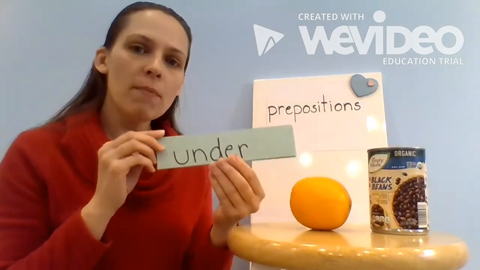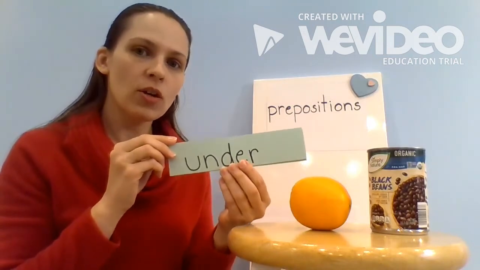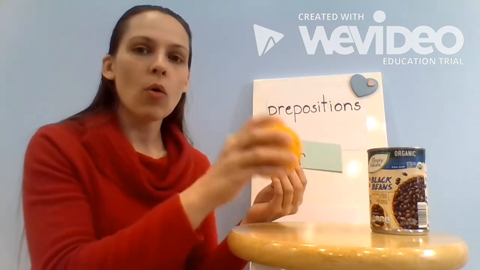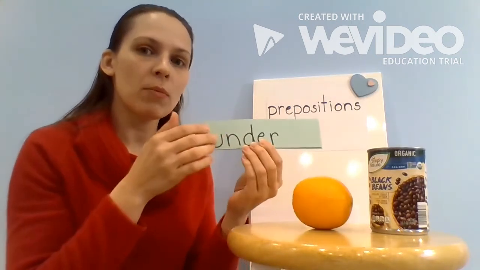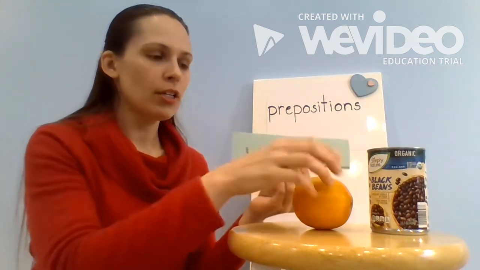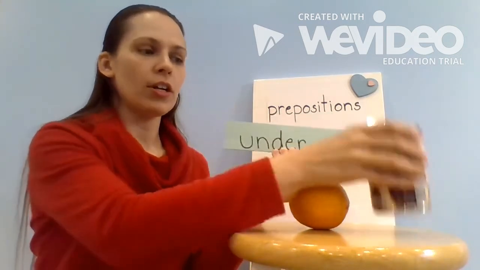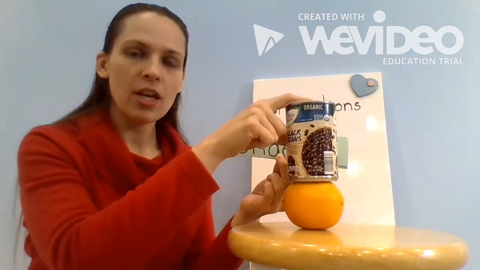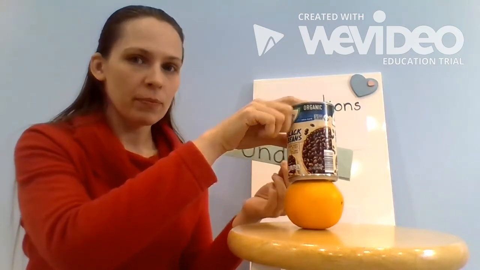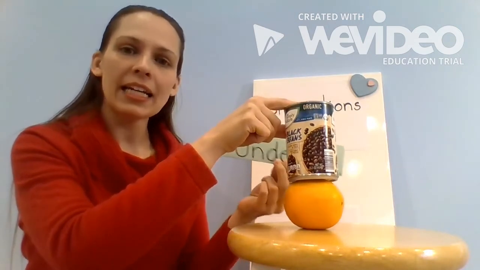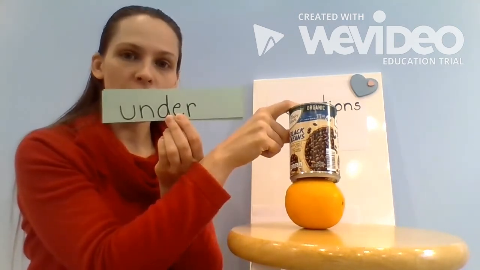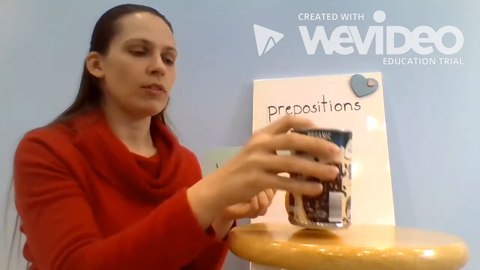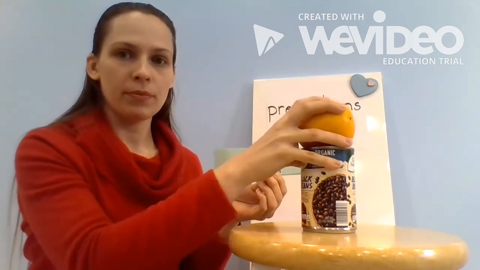So the word that matches the preposition goes first. So we say the orange, then we say the preposition is under. So the orange is under the can. We can't say it the other way. Okay, if we say the can is under the orange, we would have to go this way, right?